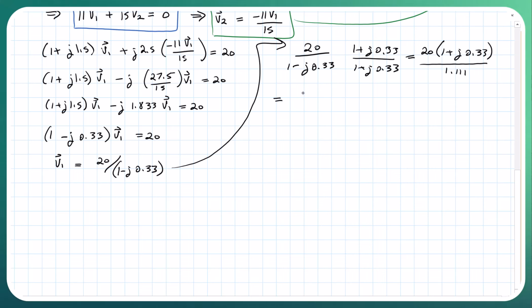In the numerator we get 20 plus j6.66, and then the denominator we got 1.111, and that's going to be approximately 18 plus j6. Okay, so we got approximately 18 plus j6.